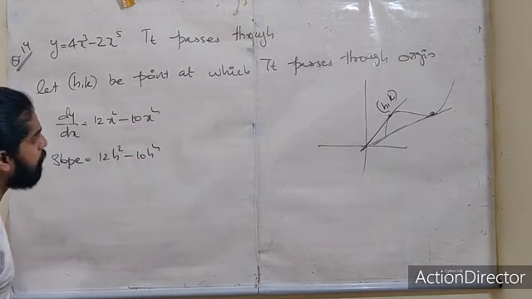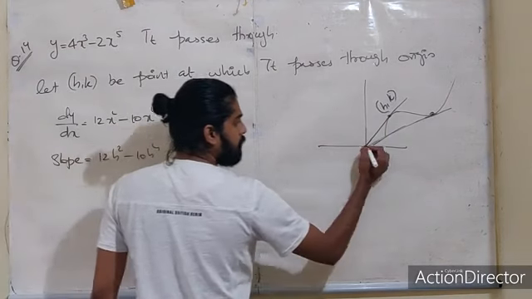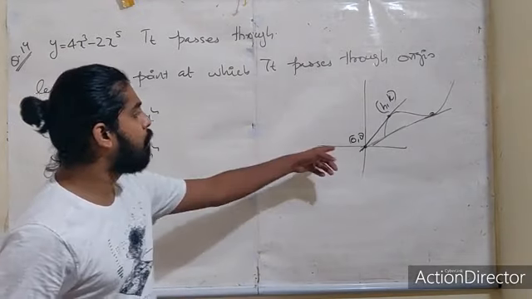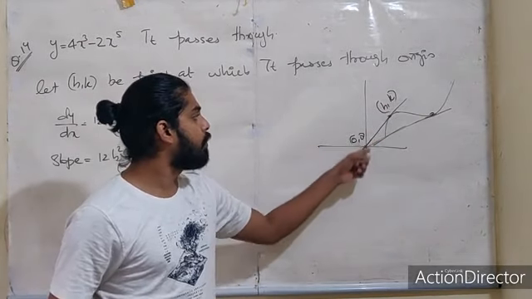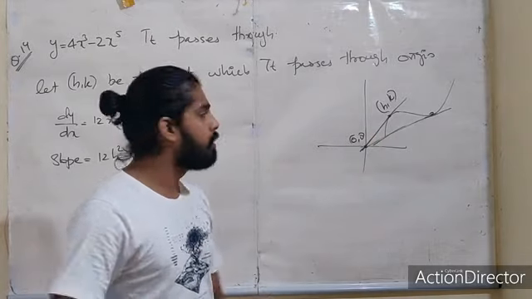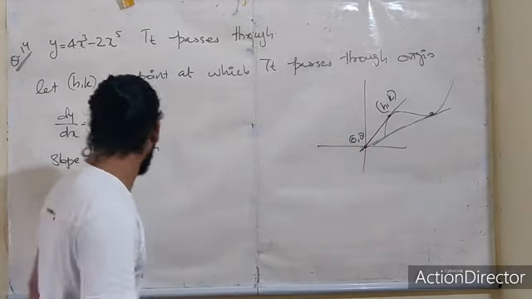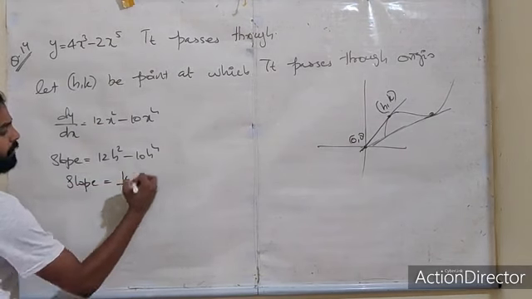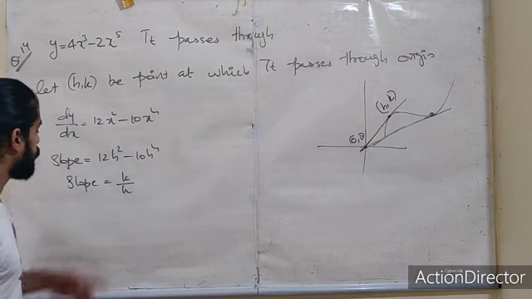Then the slope is also equal to, since it passes through the origin, one point on the line will definitely be (0, 0) and the next is (h, k). Finding the slope by the formula y2 minus y1 divided by x2 minus x1, so k minus 0 divided by h minus 0, the slope is k upon h.